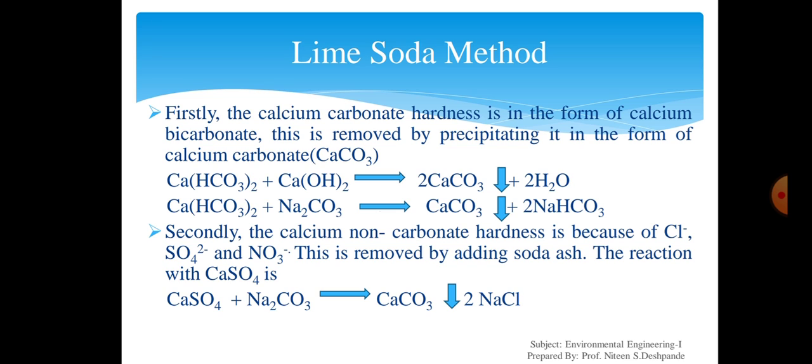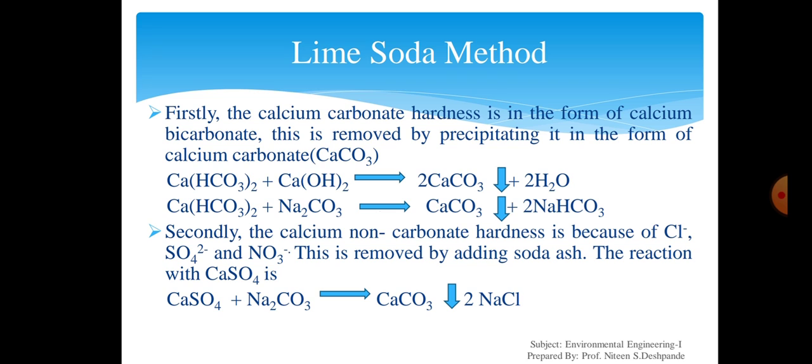The reaction with calcium sulfate will be CaSO4 plus Na2CO3. If we add the soda to the calcium sulfate, then you will get the CaCO3 precipitate plus twice NaCl. NaCl means the sodium chloride, which is soluble in the water.